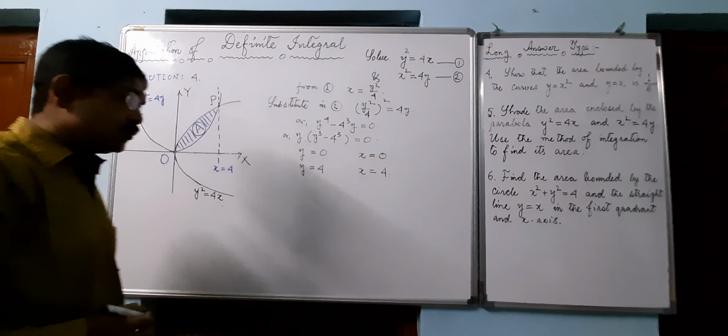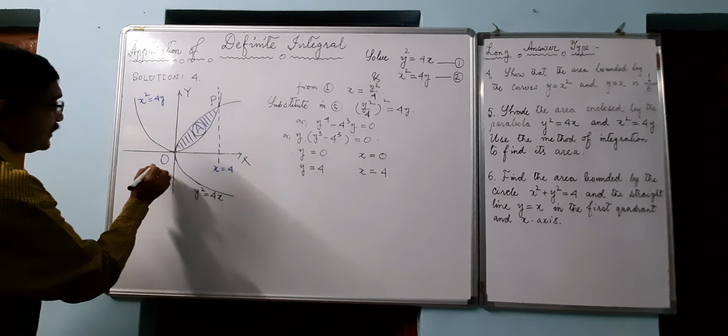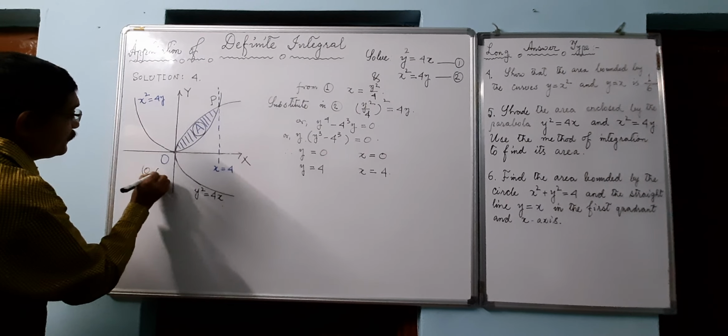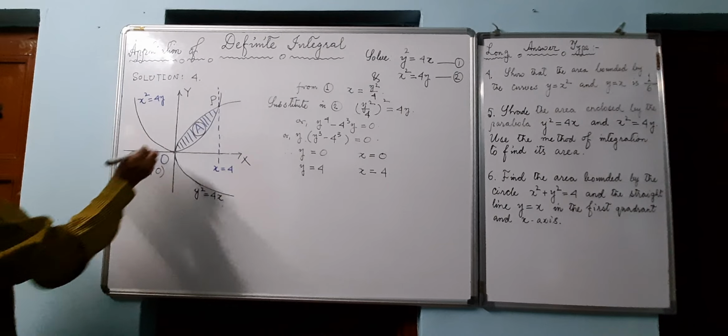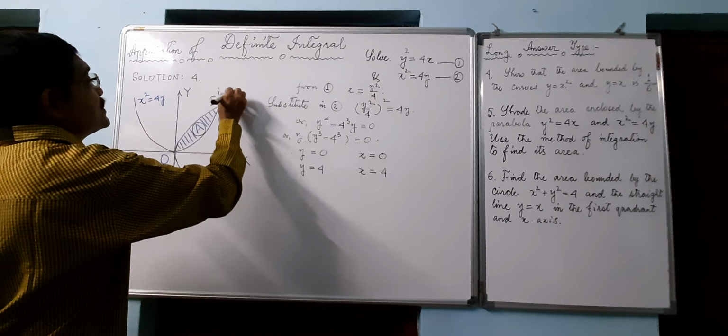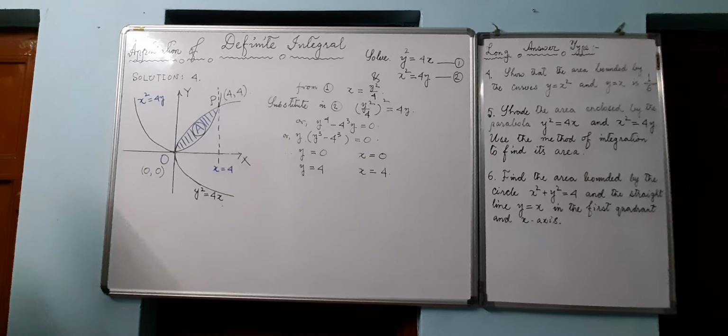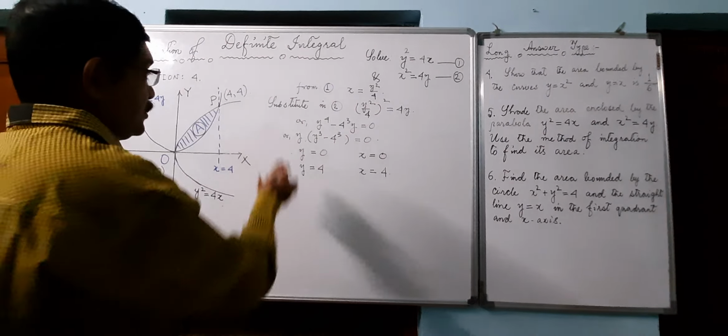So these are the two points of intersection in the figure: O, which is (0, 0), and P, which is (4, 4). So these are the required points of intersection. Now we have to define the actual area under consideration. What is that?